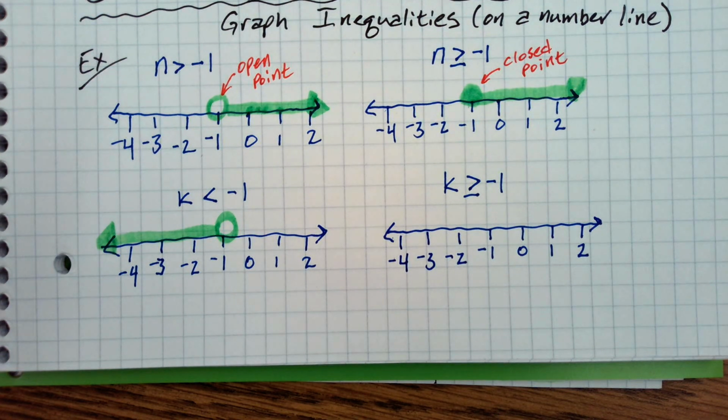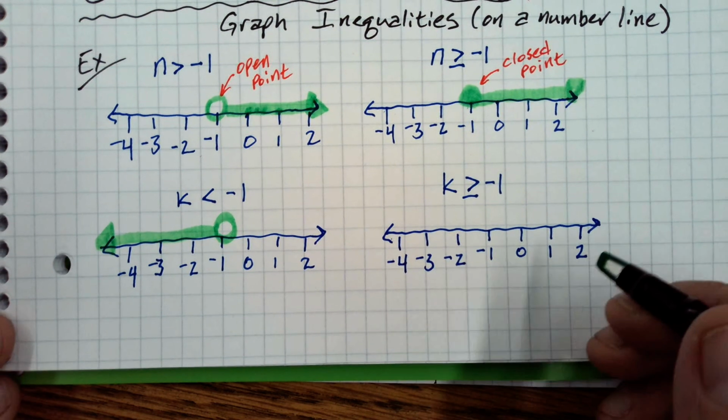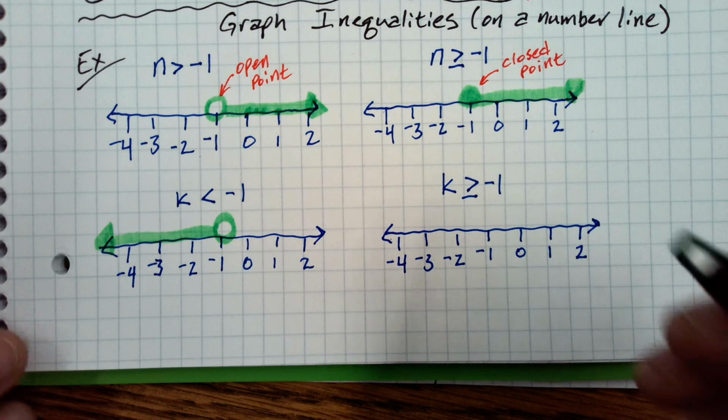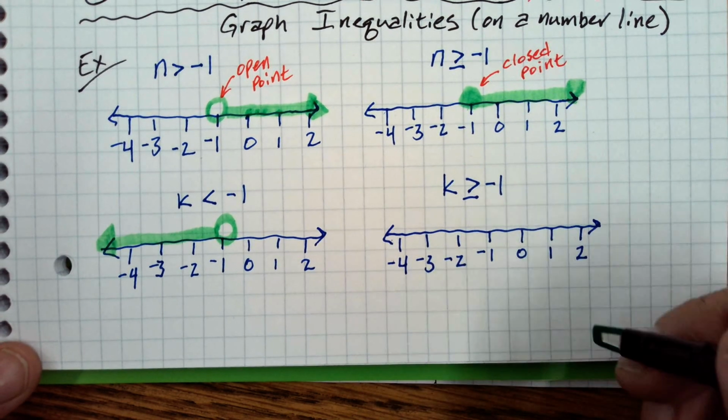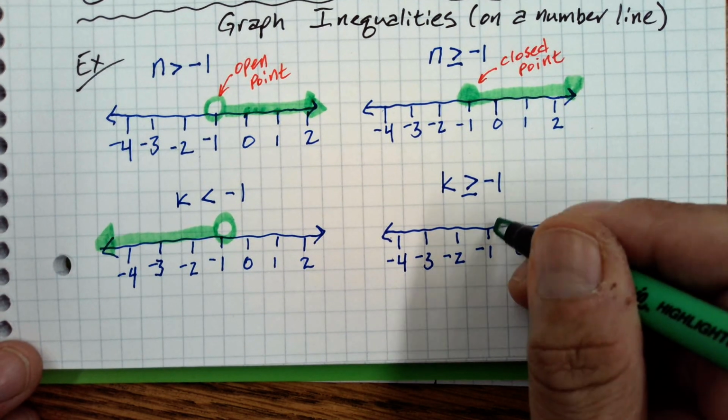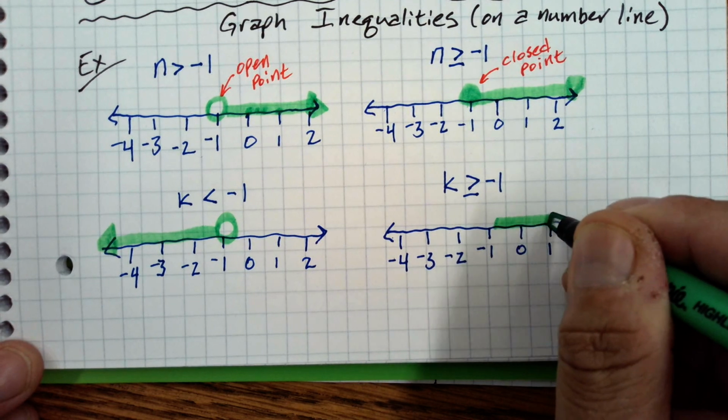Okay. So which way are we going to shade? Left or right? This time it's to the right. We want everything bigger than -1 again.